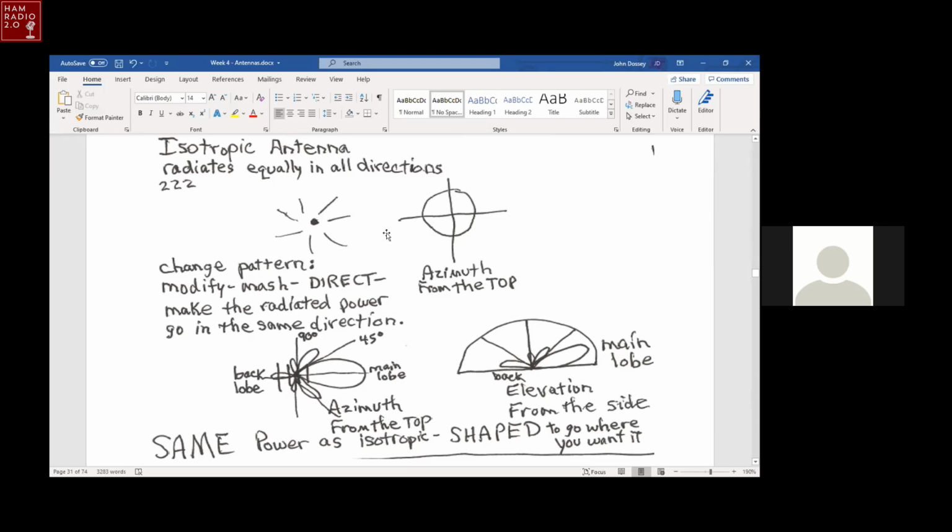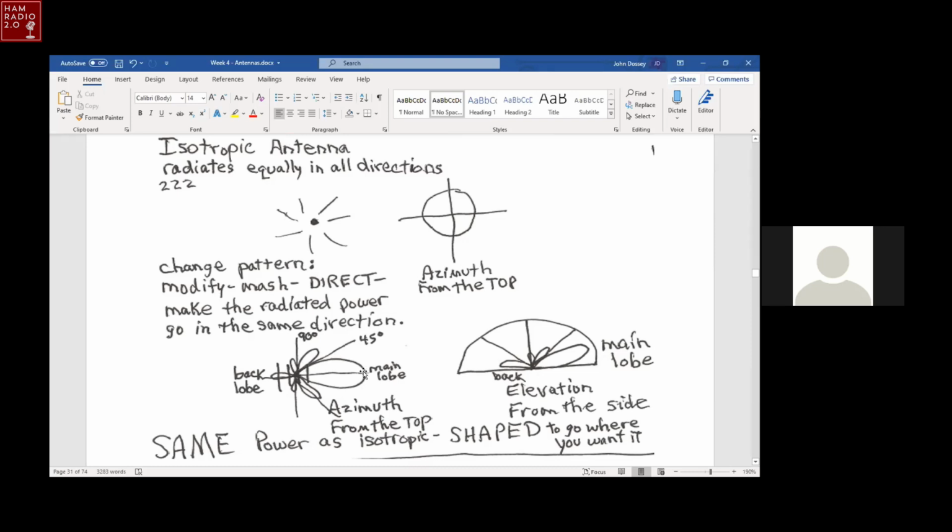But what we're going to do is to use a Yagi antenna. You see in this diagram down here, sort of the lower left-hand corner, these cross lines, those are elements of a Yagi antenna. What I'm going to do is to use those elements to shape the antenna pattern from an isotropic equal radiation in all directions into a main lobe.